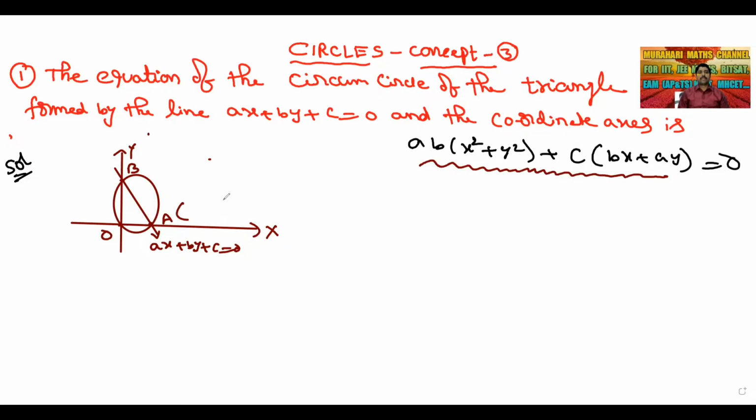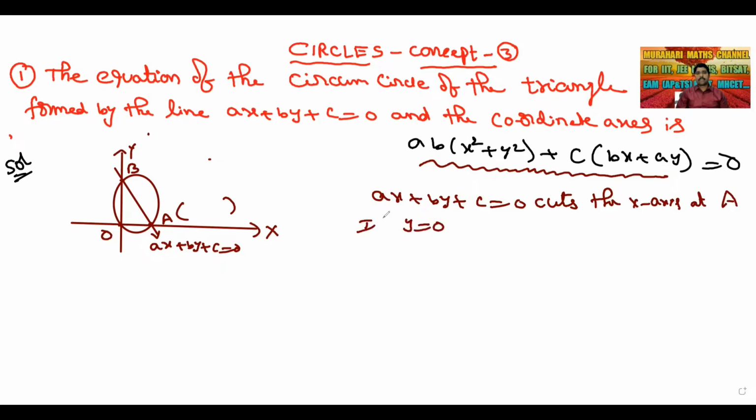Here A is one extremity point of the diameter. The line ax plus by plus c equals 0 cuts the x-axis at A. On the x-axis the y coordinate is 0. If y is equal to 0, then we have to find the x value.